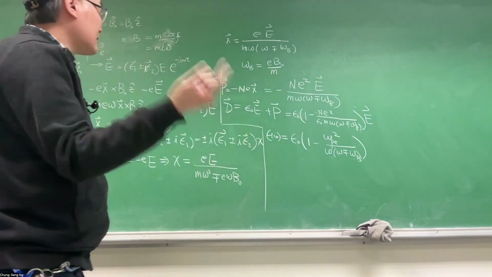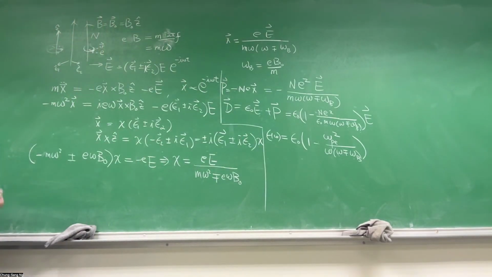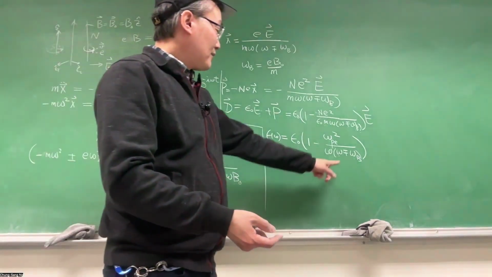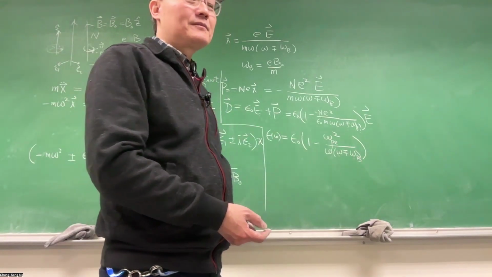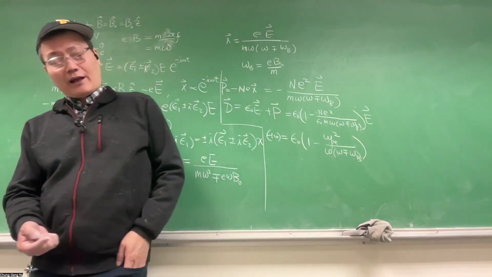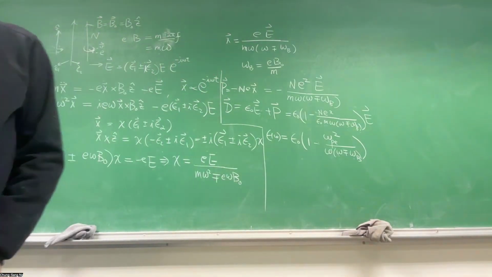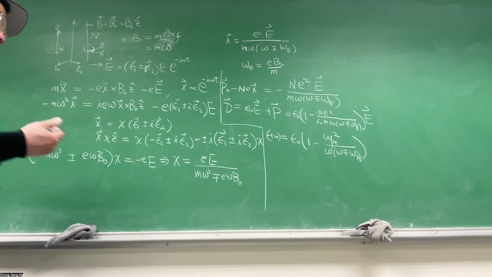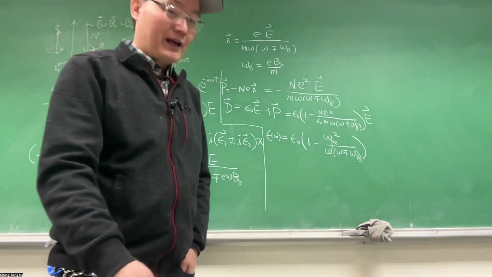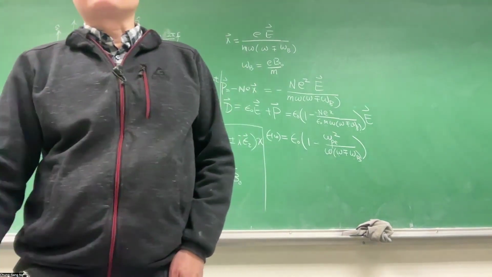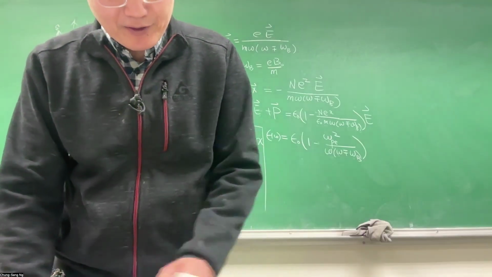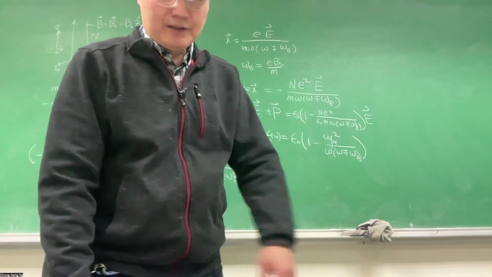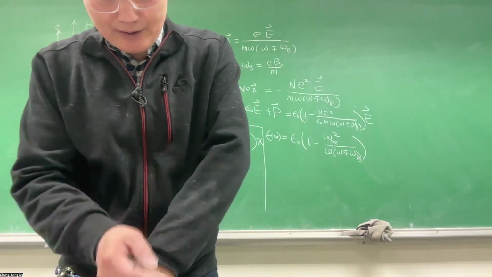So ions rotate in the left-hand sense, and the left-hand wave will have a resonance if omega is the same as the ion gyro frequency. That gives the ion cyclotron resonance. Okay, so those come from the consideration of this epsilon, right?